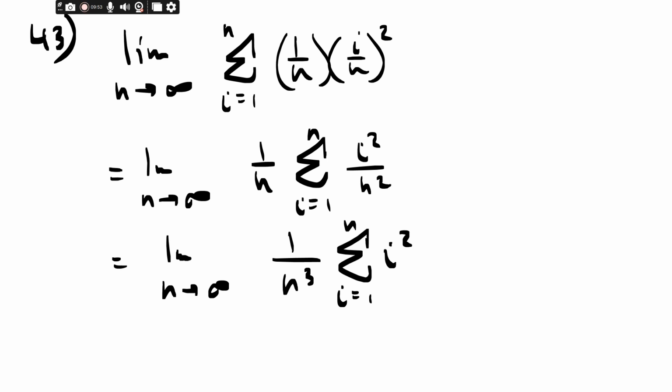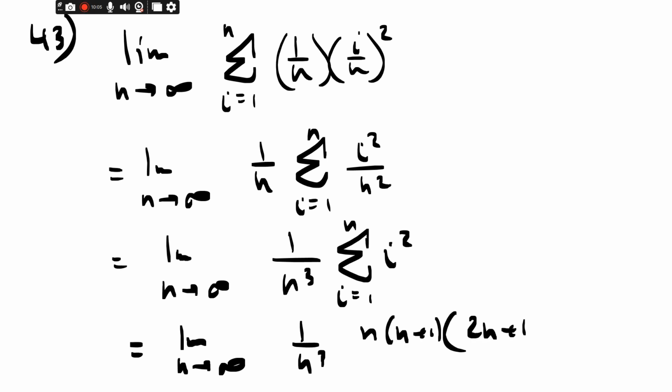And I have a formula for that. The formula for that is 1 over n cubed, multiplied by n times n plus 1 times 2n plus 1 over 6. Let's simplify this as much as possible.